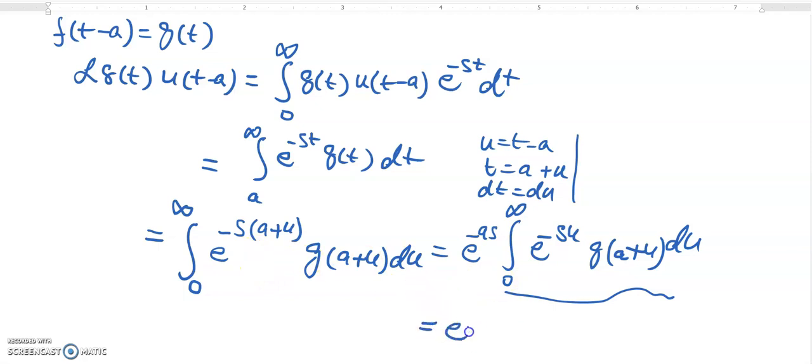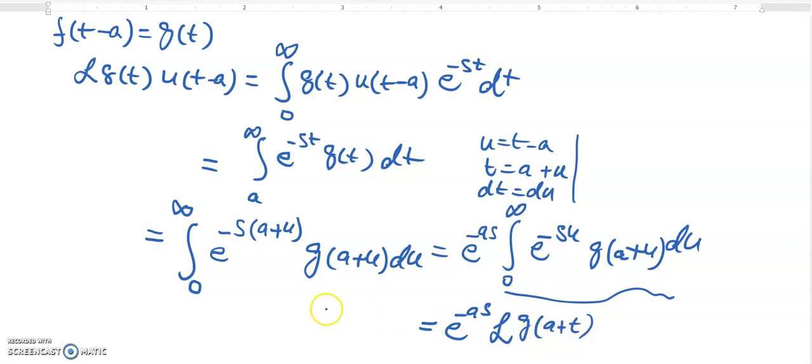So what Laplace transform is this? It is e power a minus as into the Laplace of g of a plus t, because we are taking a Laplace transform in terms of u, and its original function was in t.